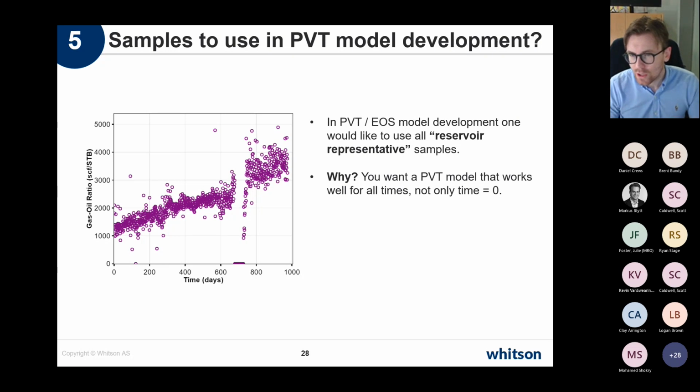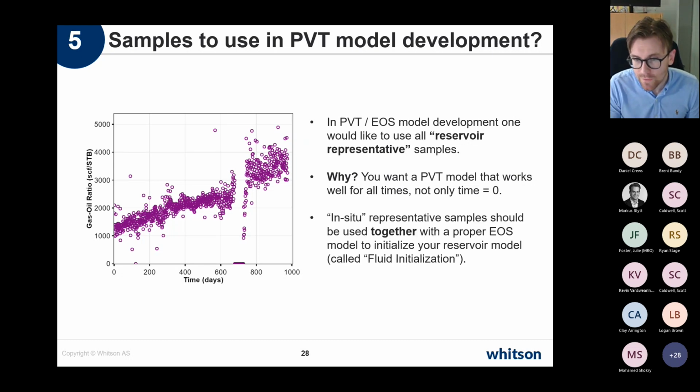So what should you do if you're on a well where you might have a composition that's not in situ representative? You use the equation of state together with the other compositions you have in the field to predict these in situ representative samples. We'll see how this is done later, but this is referred to as fluid initialization.